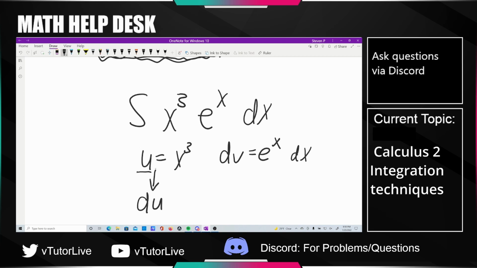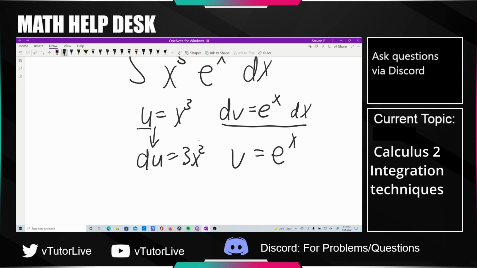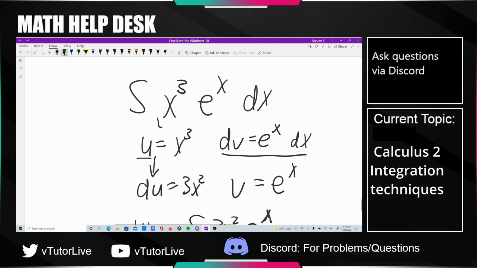So instead of u, now you're doing du equal to 3x squared. And if your v doesn't gain in complexity, let's say it's a nice function like e to the x where its integral is just itself, then there's the uv term and then minus the integral of 3x squared e to the x. The thing you're integrating is now a little bit simpler than it used to be. You see that?